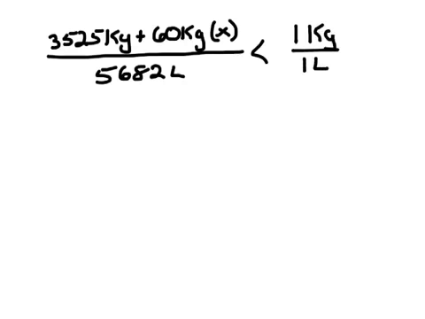I think you can see that the first thing we're going to do is multiply both sides by 5,682 liters. Now if you multiply the left side by 5,682 liters, I hope you'll see that it will go away. And if I multiply it on this side, 5,682 liters, notice the liters cancel out. Okay, so let's write our new expression.